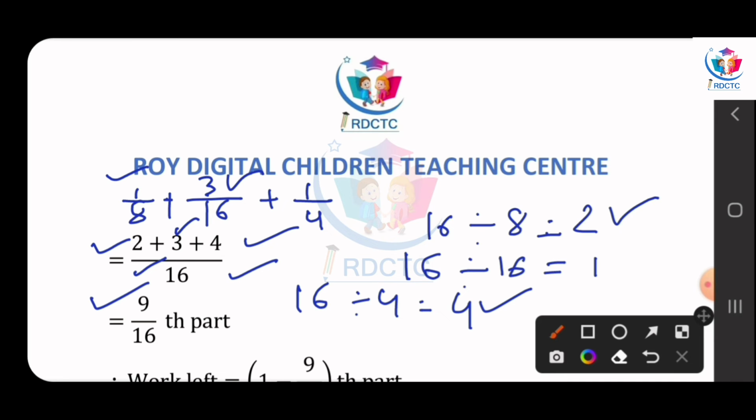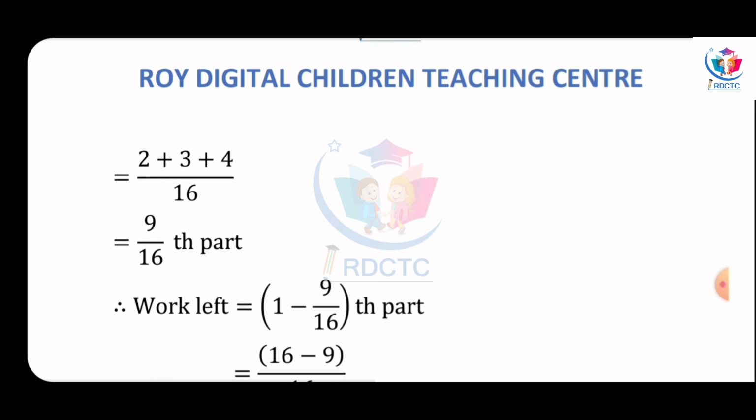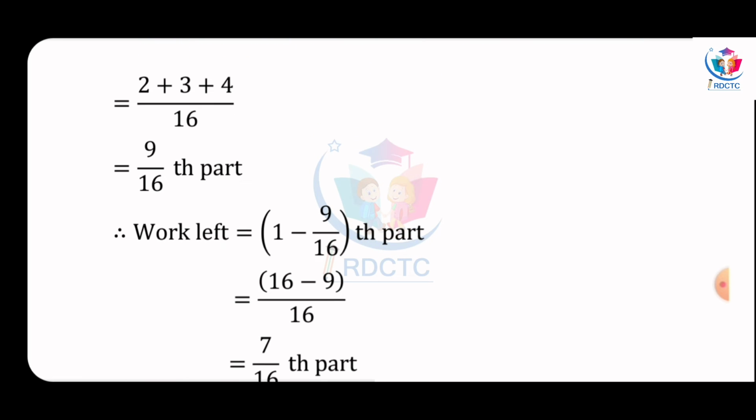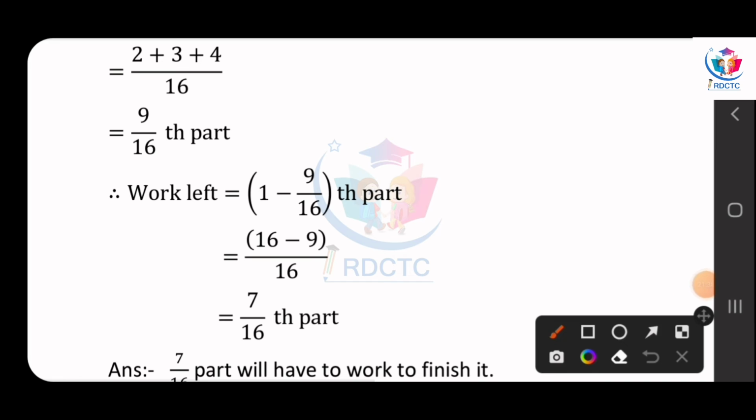Okay, actually we complete the painting of the 9 by 16 part. And how much work is left? As the total work is 1, that is why we subtract 9 by 16 from 1. Then we have to do the LCM. Suppose there is 1 in the denominator and the LCM is 16.